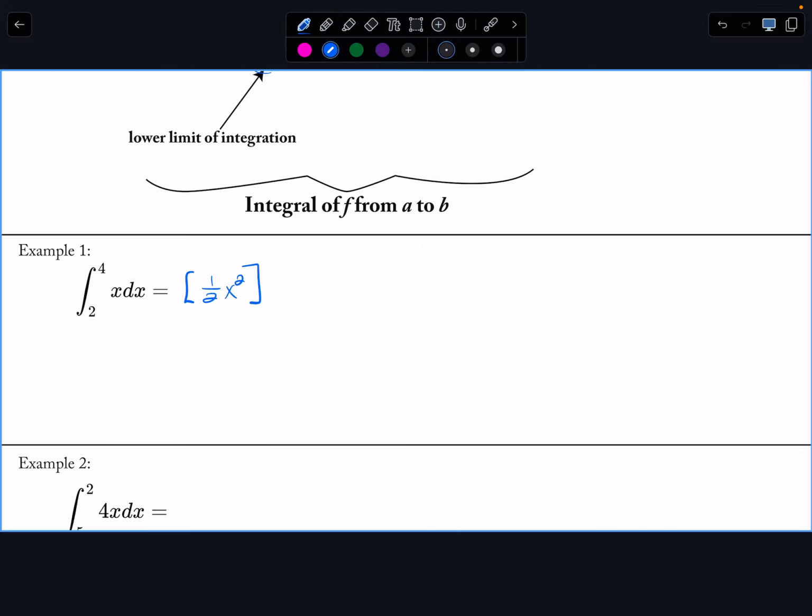And then I put square brackets around it because I've taken the antiderivative. I've dropped the antiderivative symbol, and then I move my A and my B to the right. So now I'm going to plug in my B value first, which is 4, subtracted when I plug in my A value, which is 2.